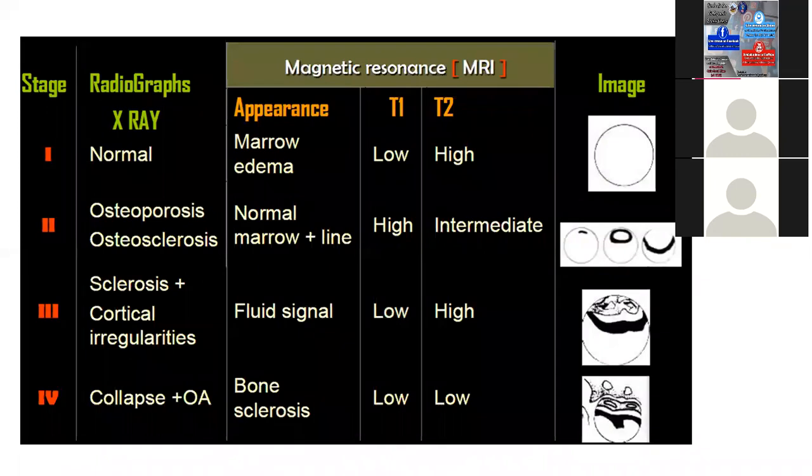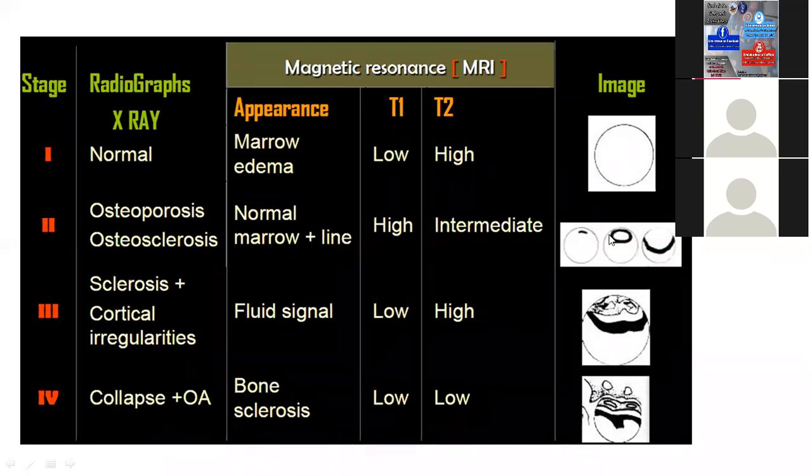What about the MRI for that appearance? What you are looking for is the marrow edema, the marrow water, which is more sensitive on MRI, in T1 and STIR, I think, more than fat saturated sequences, starting with edema, and then edema with a line. You can see it is very clear.